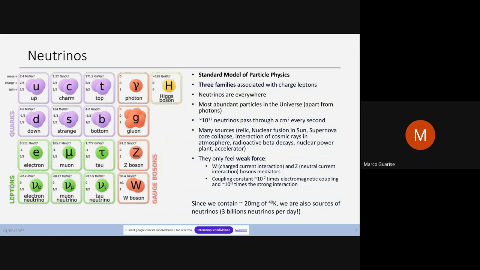So, okay, neutrinos are, of course, particles described in the standard model. They are the ones here in green, these three particles.